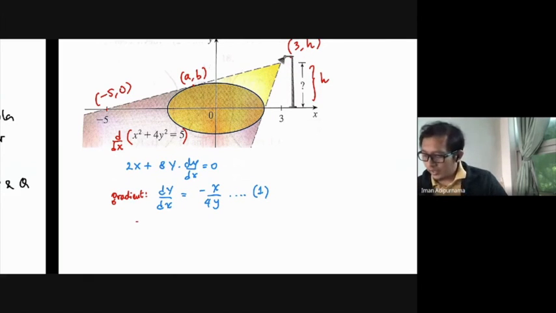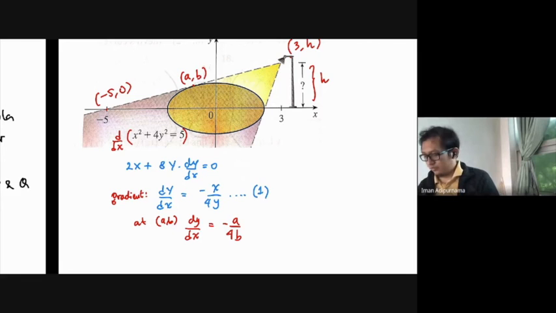And at the a, b, our gradient becomes... and from the picture, we get the gradient is the height over A. So this is 3.